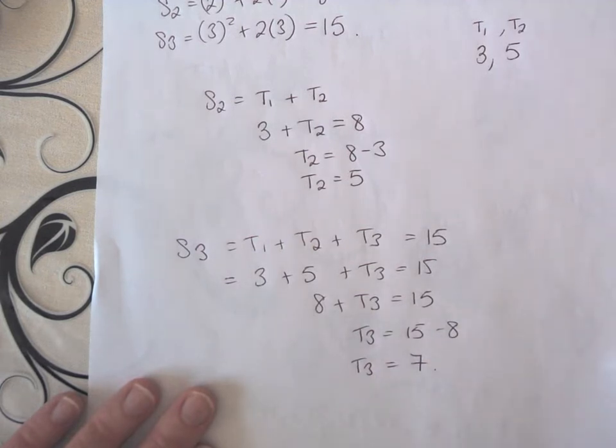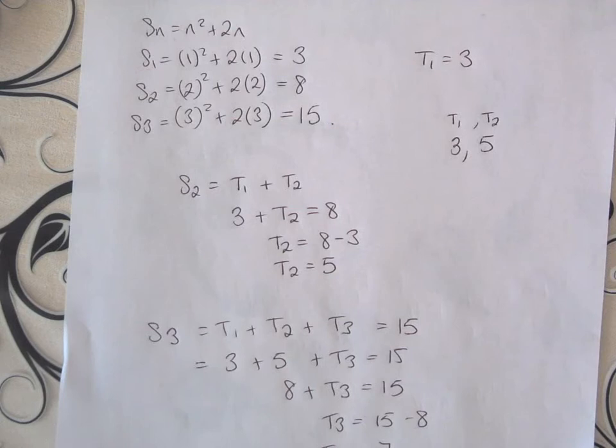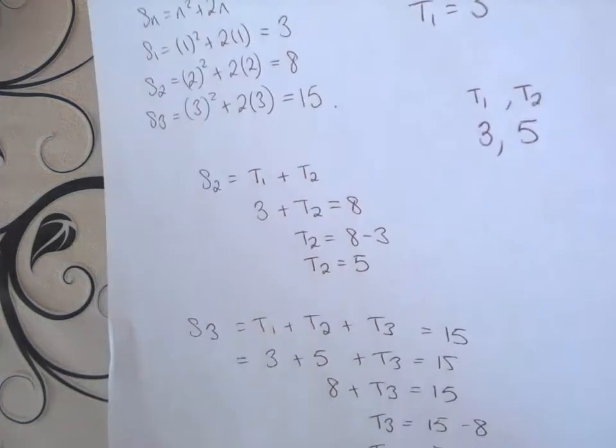Okay, so that's a tricky enough one to get your head around. So remember, Sn means I'm summing that many terms. If it's S1, I'm just adding the first term to nothing. If it's S2, I'm adding the first and the second term, and so on.